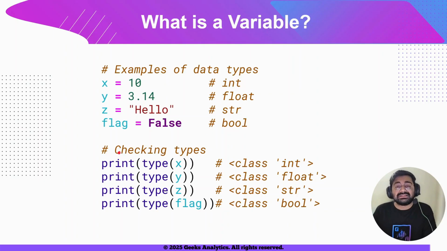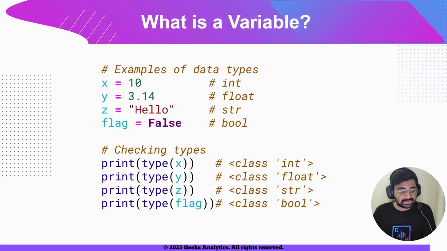To check the data type of any variable, there is an inbuilt function available in Python called type. The syntax is print, then you add type, and in round brackets pass in the variable name. The output would look like this: class int meaning integer, float, str is string, and bool is Boolean. That is how you check the types of Python variables.